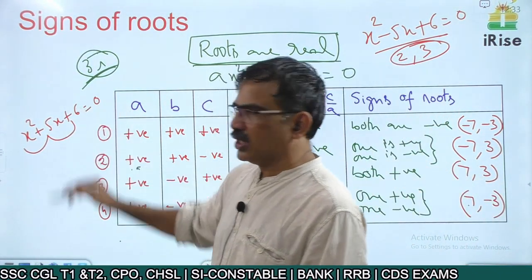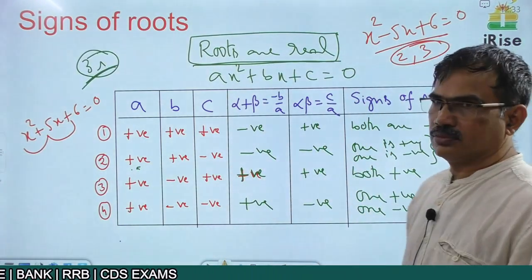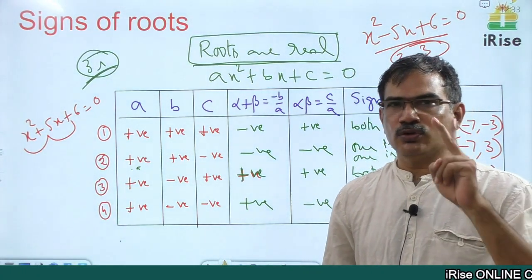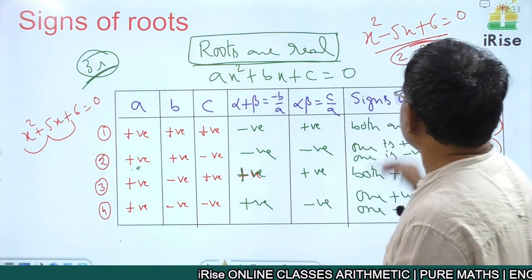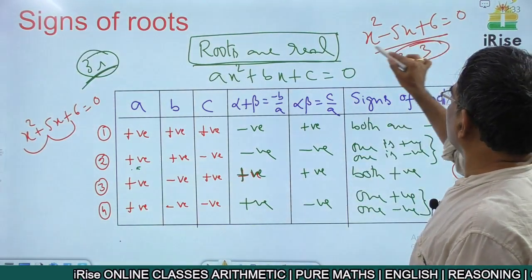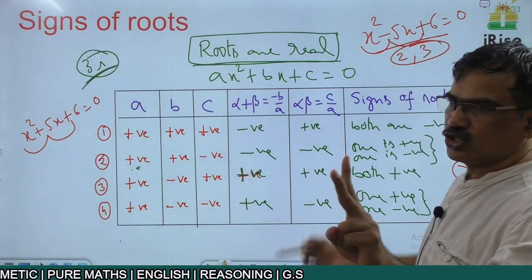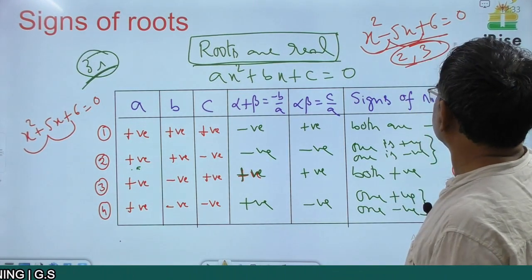If there is no change, it means no positive root, both are negative. If one change is there, one positive root is there. If two changes are there, two positive roots are there. Consider this example, positive, negative, positive: positive to negative, one change, negative to positive, one change. If two changes are there, two positive roots.